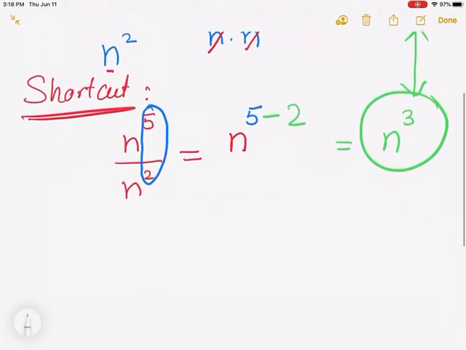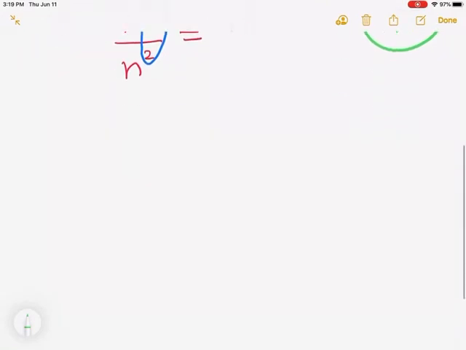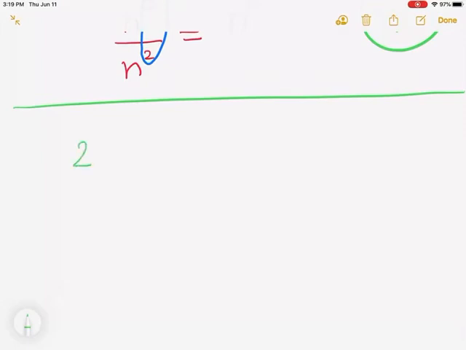So let me show you one more example. This time I'm going to use the shortcut. Here's my second example. I have 2 x to the 4th y to the 5th over 10 x, y to the second. So simplify.